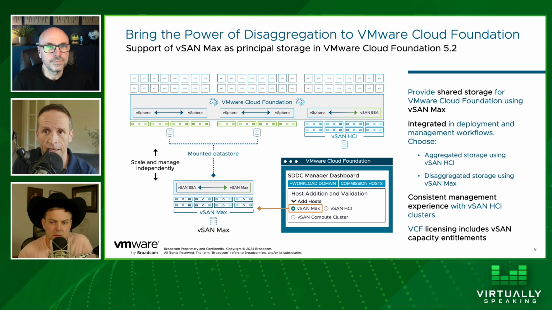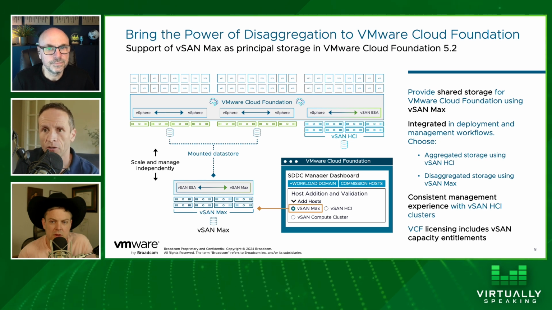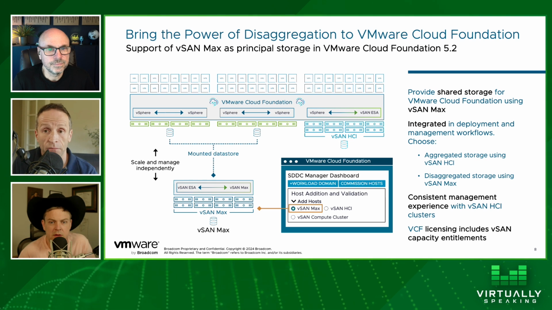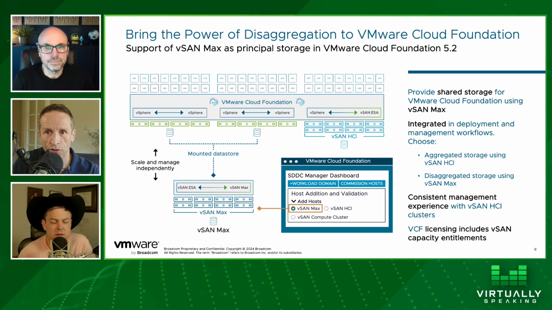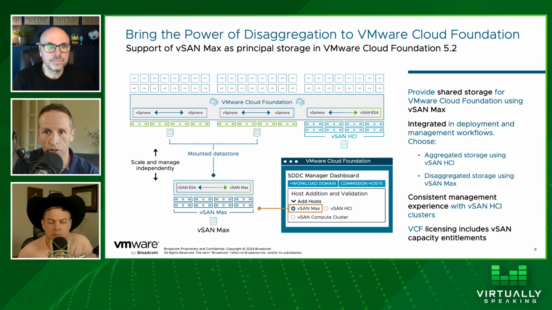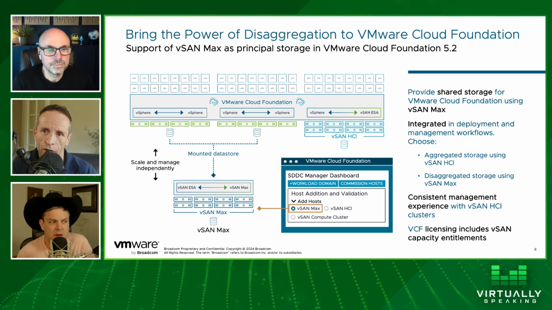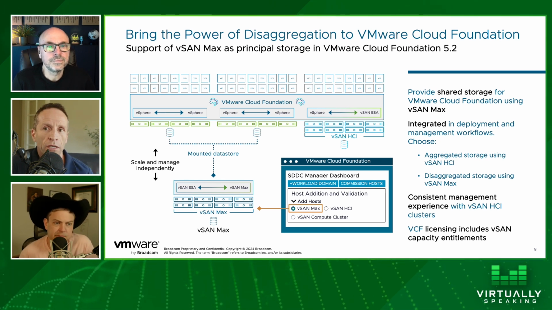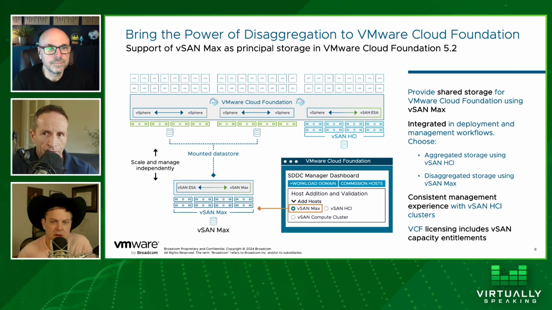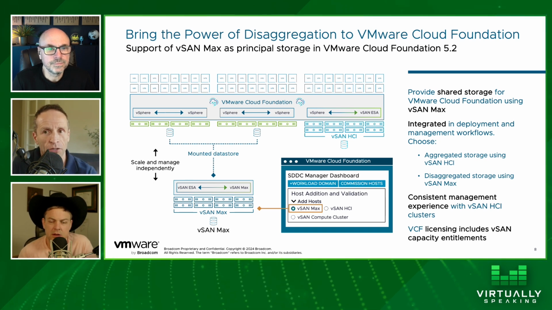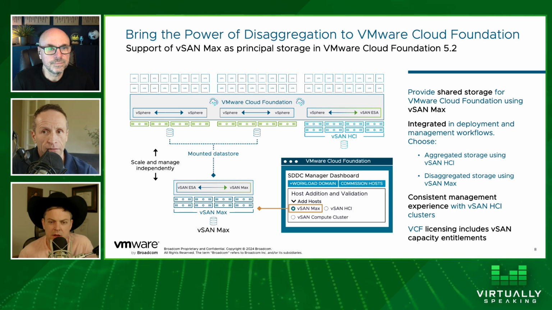Really nice, given that it was about a year ago that we introduced vSAN Max as this centralized shared storage solution for vSphere clusters. So getting this into the workflow mechanisms for VMware Cloud Foundation is a very important and necessary step for many of our customers to be able to adopt this arrangement.